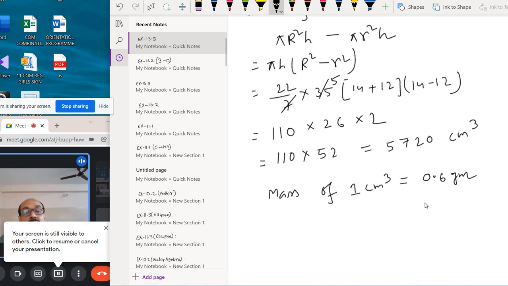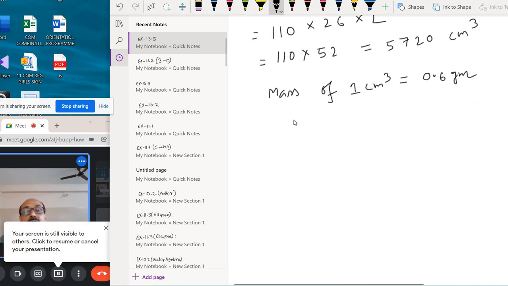Then the mass of 5720 centimeter cube is 5720 into 0.6 gram.